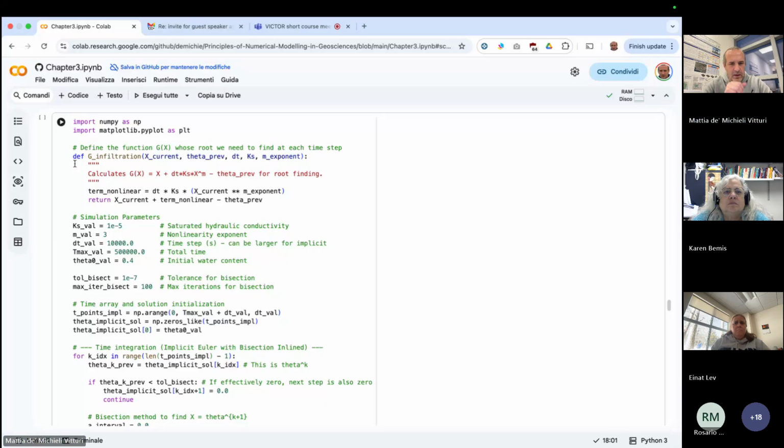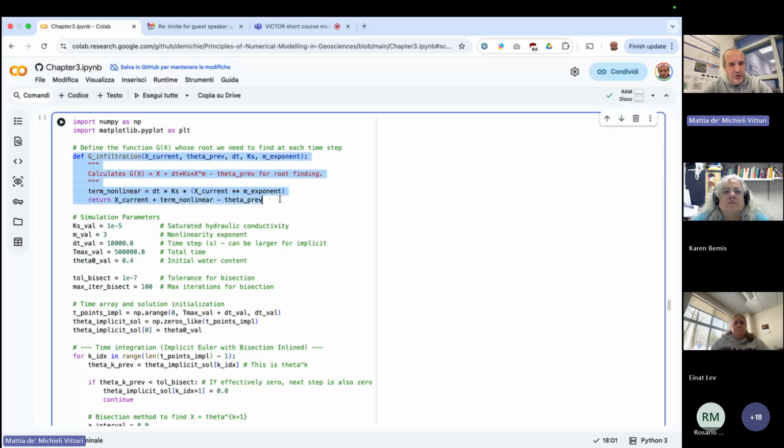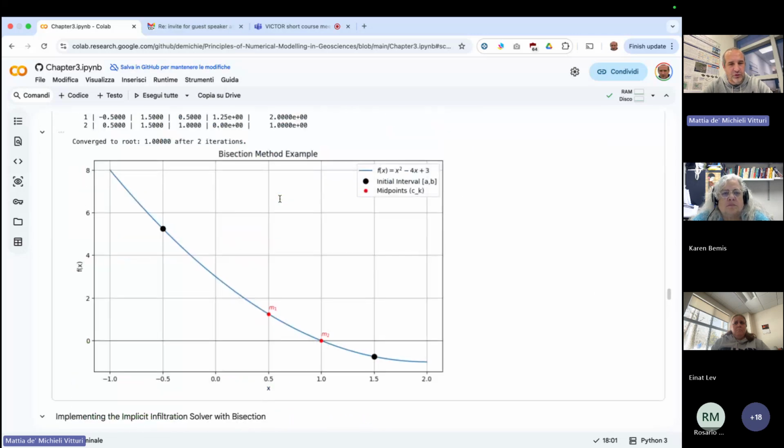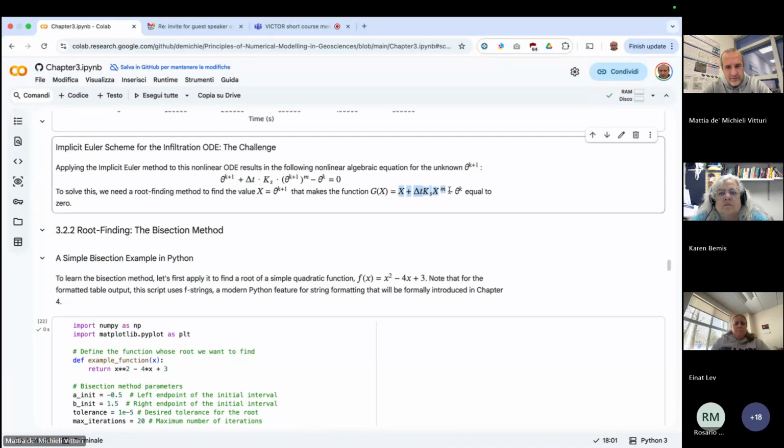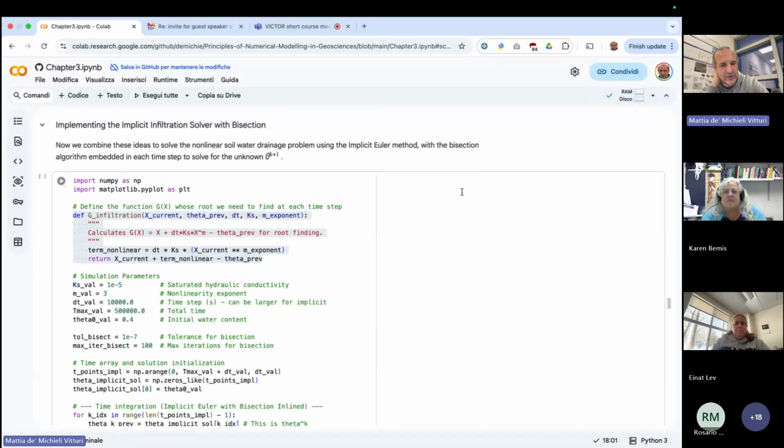So we have to define here this function, which is exactly the function that we need to solve. So it's this one. So this function, if we look, it's our unknown plus delta t multiplying the coefficient plus the unknown raised to the m minus the old value. And so let's look at what we have here.